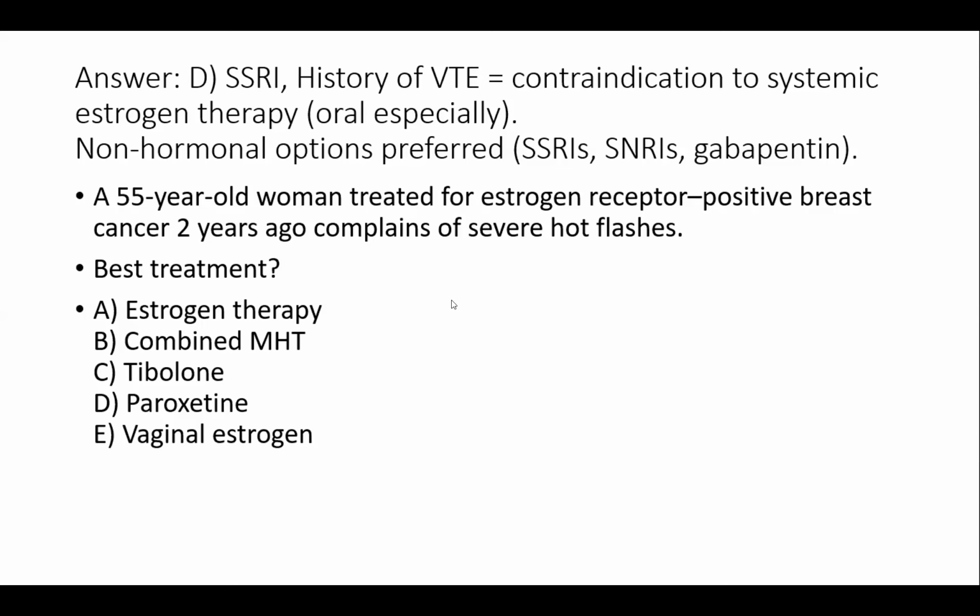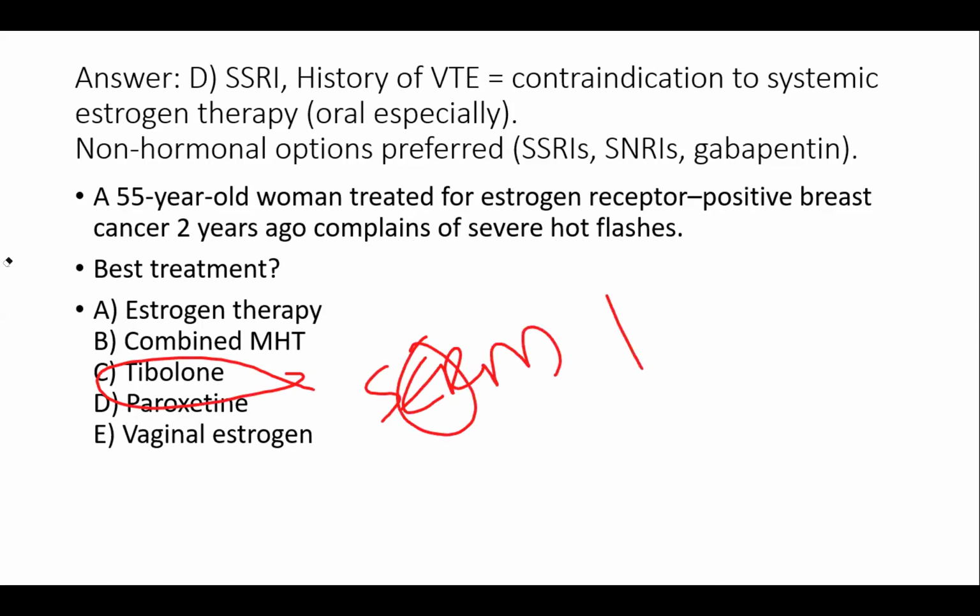Paroxetine. Very good. Why paroxetine? Tell me. Is it an SSRI? Yes. It's very simple: whenever there is estrogen, tibolone... what is tibolone? Tibolone is a selective estrogen receptor modulator where it increases the estrogen.